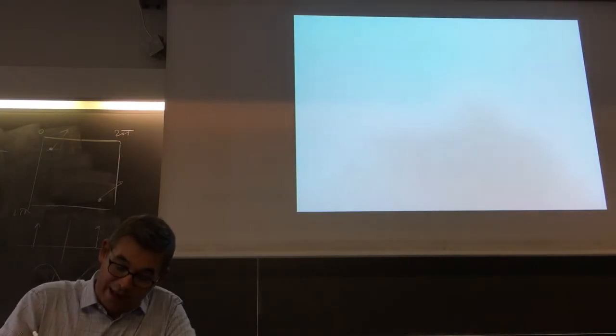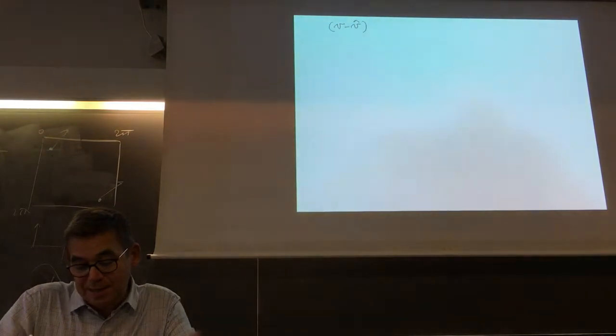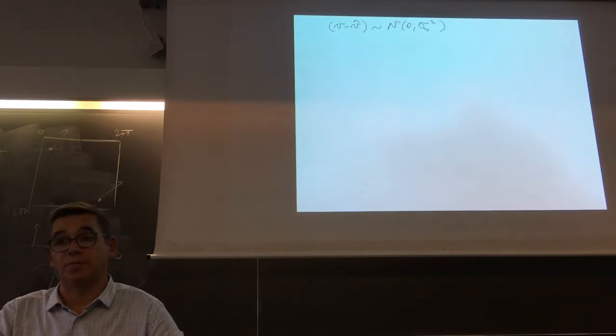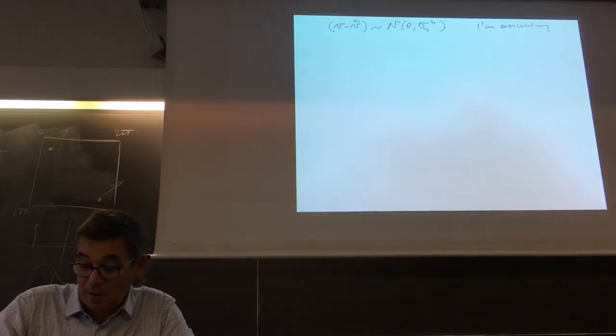We can say that my error, v minus v hat, is behaving as normal, with zero mean and a certain variance of the error, which means that I am assuming that the estimator is unbiased.